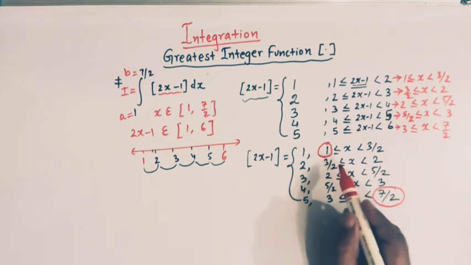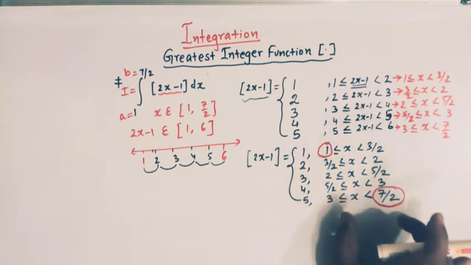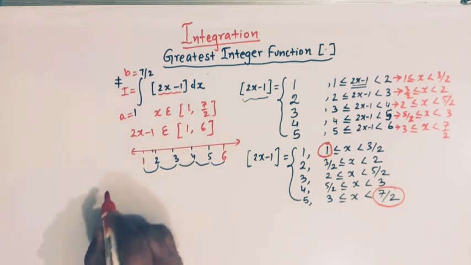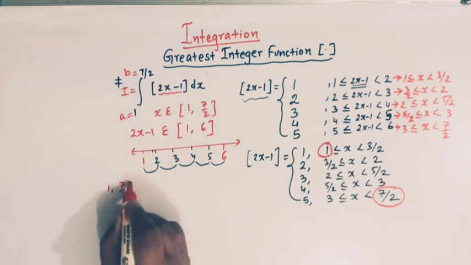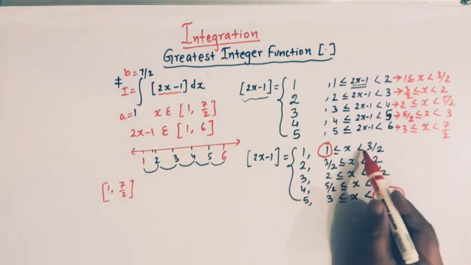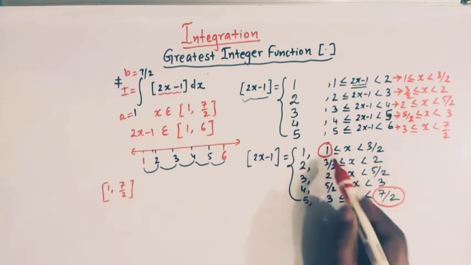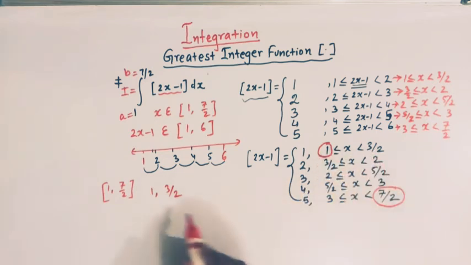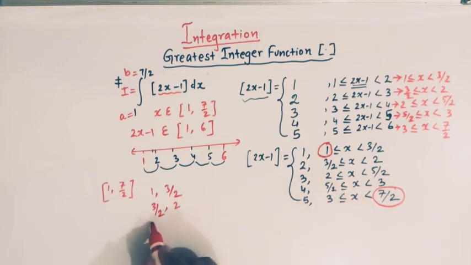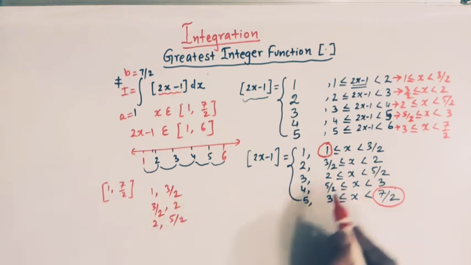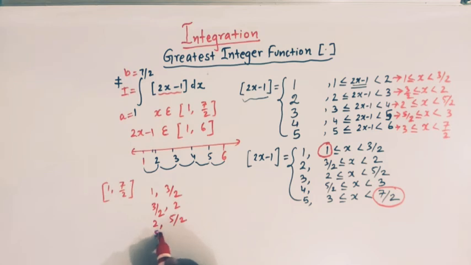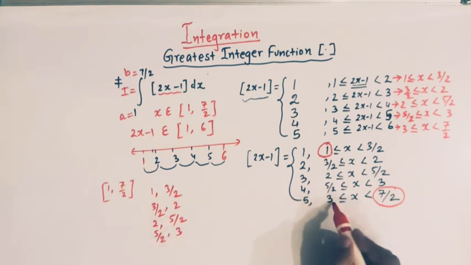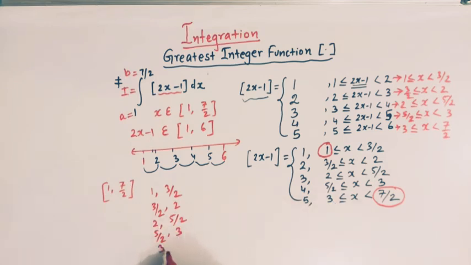So we have split this interval 1 comma 7 by 2 into these 5 intervals, and the intervals are from 1 to 3 by 2, then we have 3 by 2 to 2, then we have 2 to 5 by 2, then we have 5 by 2 to 3, and then we have 3 to 7 by 2, right?